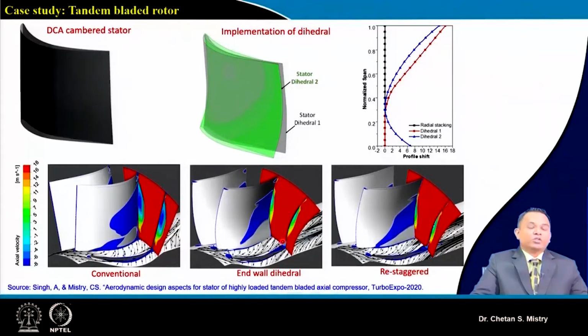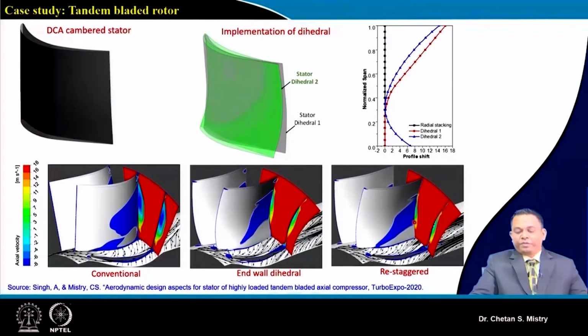For a quick solution, if I were to make a number of iterations, making the blade for every iteration and then doing my experimentation, a lot of time would be required. So we are able to reduce the number of iterations required for the experimental study, and that's where the cost comes into the picture.